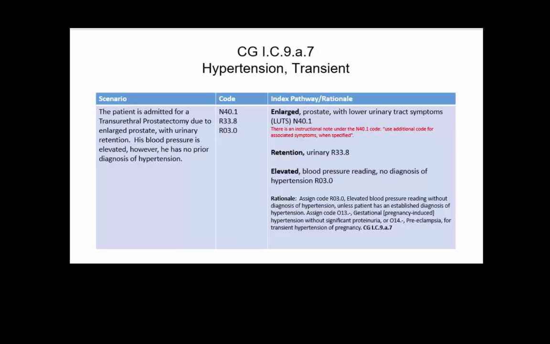Our scenario did describe urinary retention, which is an R33.8 code, and then we add the elevated blood pressure reading as an additional code. The enlarged prostate is the principal diagnosis because it is tied to the principal procedure, the prostatectomy. The patient is having the prostatectomy because of the enlarged prostate.